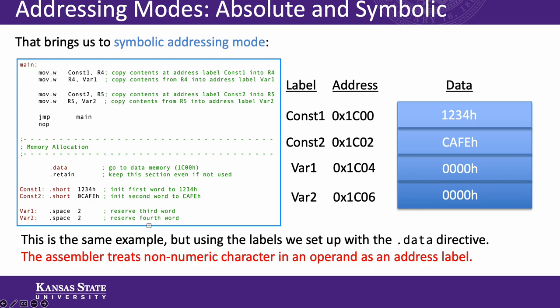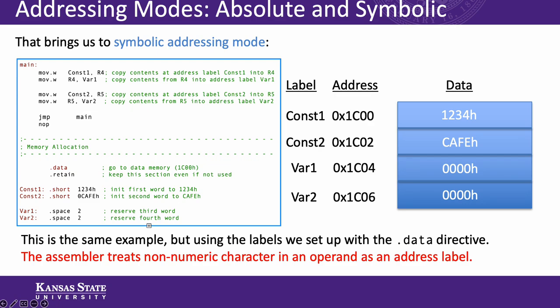So this example now does the same thing, but using the labels that we set up with the .data directive. You'll see the first 2 lines in the main block, the 2 move instructions. I've replaced the actual address 1C00 with my label const1, and in the second move instruction I replaced, I think it was 1C04, with var1, right?